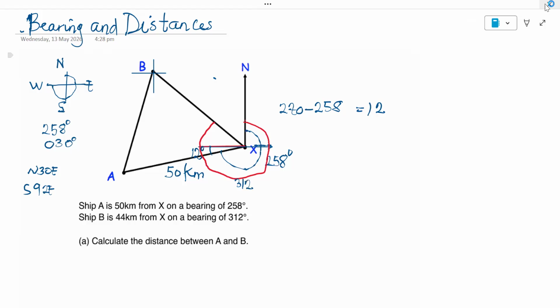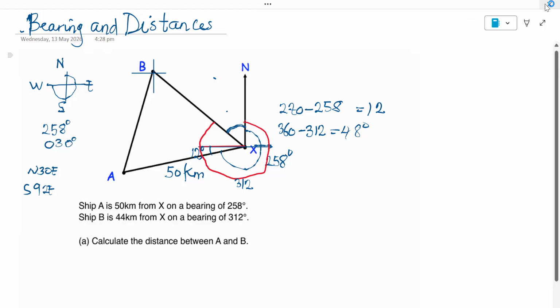So now that gives us some ease. We can actually figure out this particular angle here, right? By subtracting 312 from 360, I think that leaves us with 48 degrees.